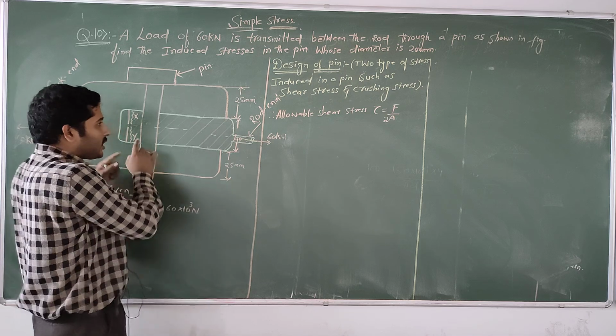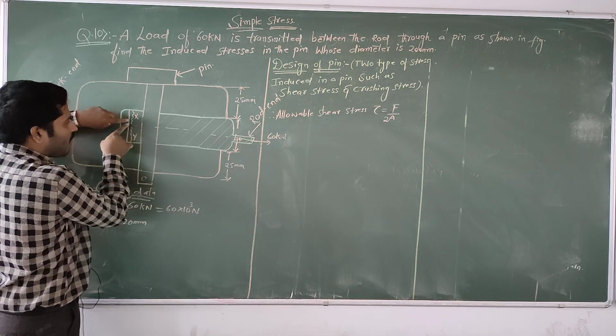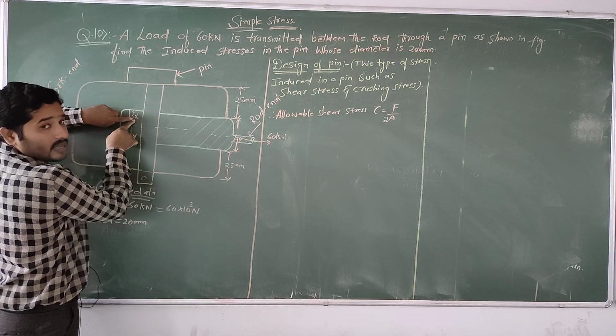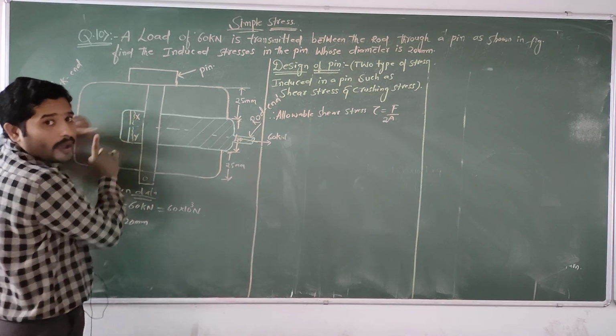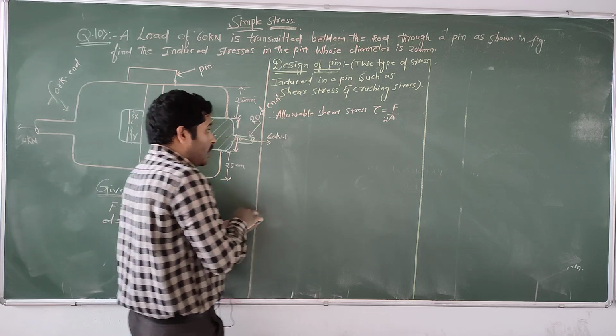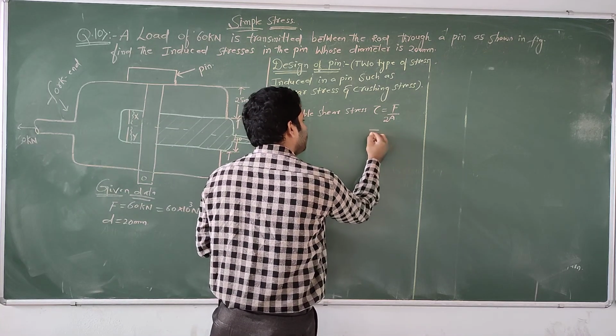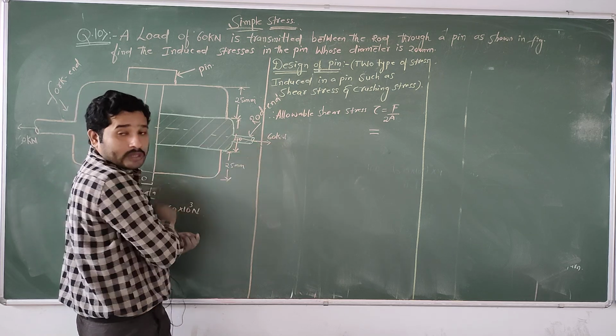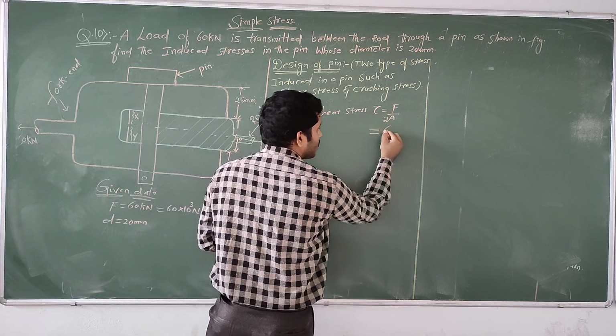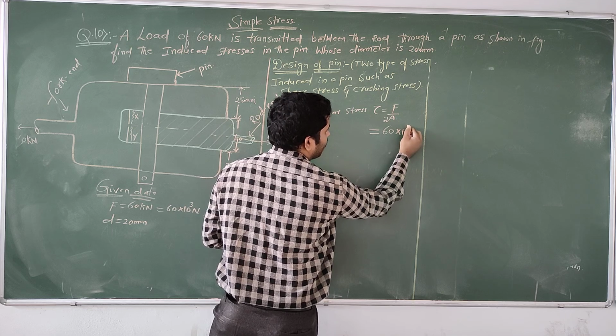Is it right? For the allowable shear stress, the formula is force acting on the two areas, x plus y. How much force is acting here? The force is acting as 60 kN, that is 60 into 10 power of 3.